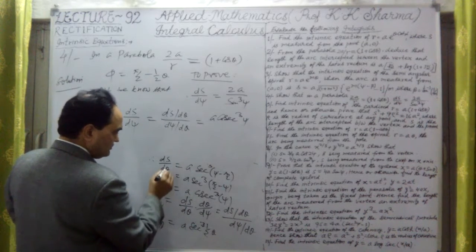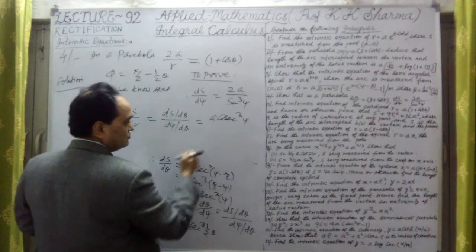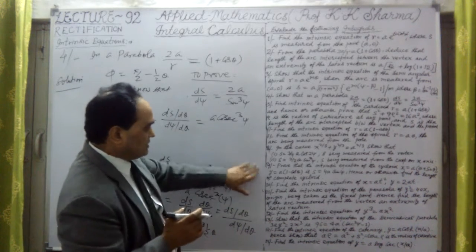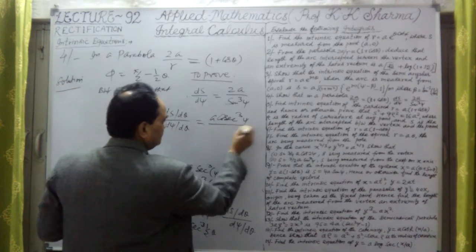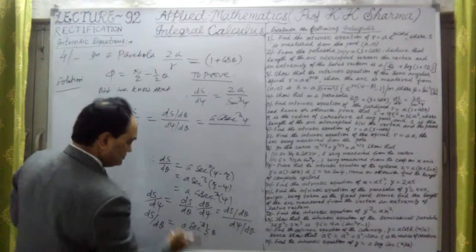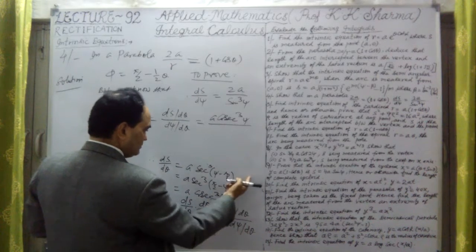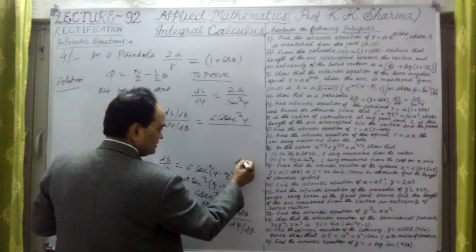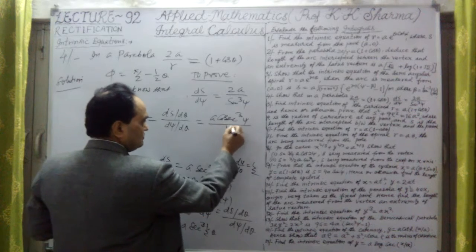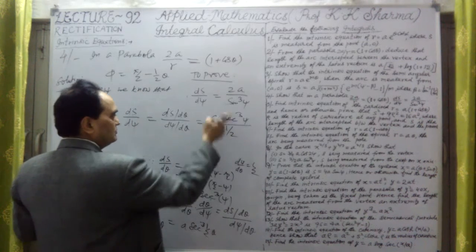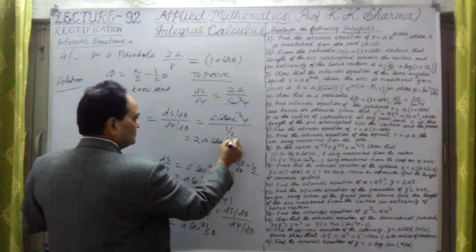This is ds upon d theta in terms of psi angle, because we have to find the relation between s and psi angle; that is the intrinsic equation. ds upon d theta upon d psi upon d theta. So d psi upon d theta is half, as we just calculated here. This is upon half, so this 2 will come in the numerator. This is twice a into cosec cube psi.